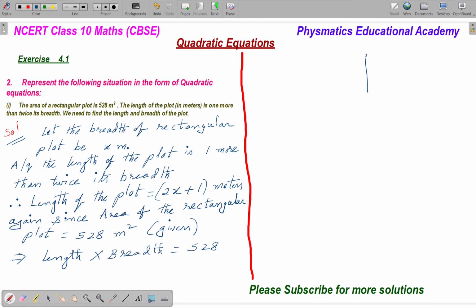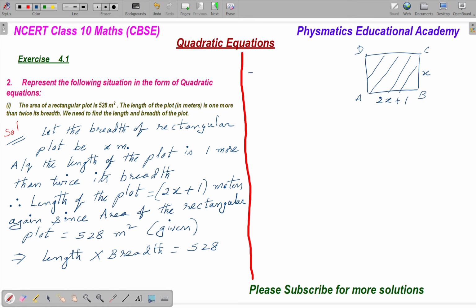According to the question, it's a rectangular plot. Breadth of the rectangular plot is x and length of the plot is 2x plus 1. This is our rectangular plot ABCD. Now length into breadth is equal to 528.